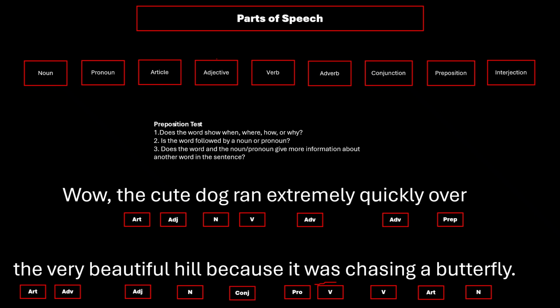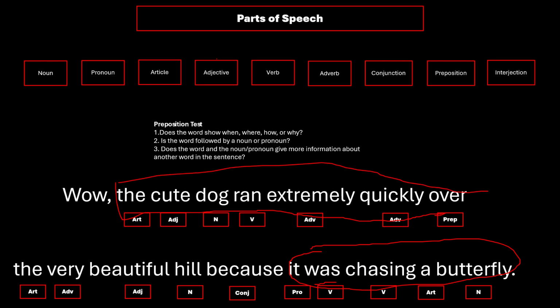And because would be the conjunction because it connects a clause. So this is one clause, and here another clause as well.